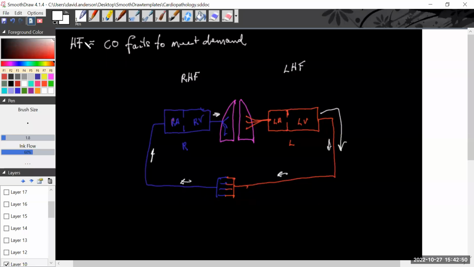In heart failure of any type, ultimately, there's a decrease in cardiac output. And if that cardiac output cannot meet demand, by definition, we have heart failure. Doesn't matter if it started here or if it started here. There's going to be a decrease in cardiac output. It's a problem defined as heart failure.